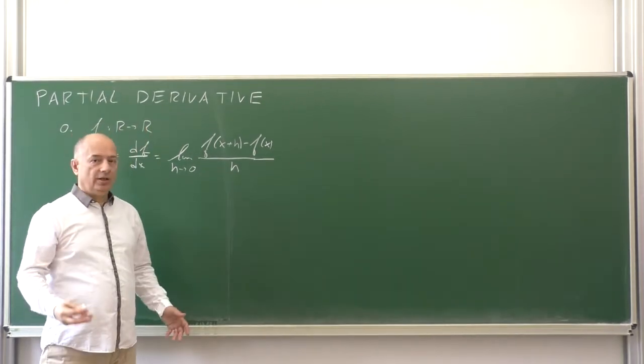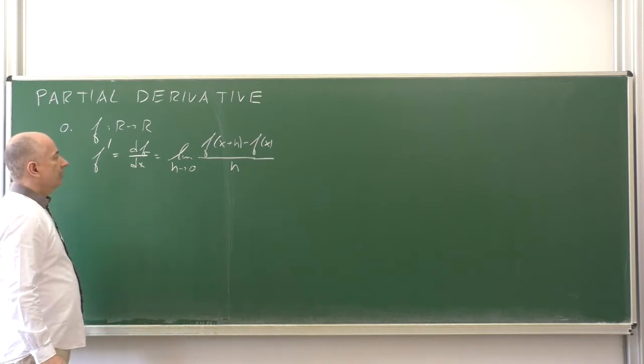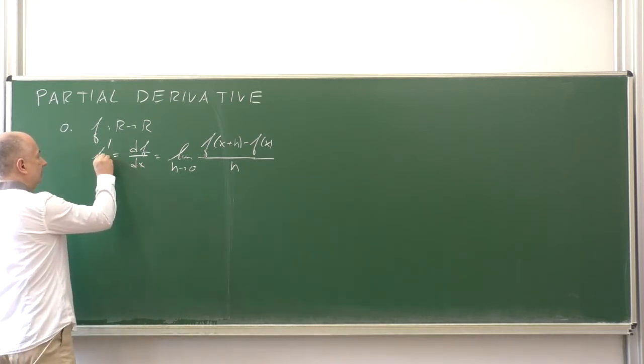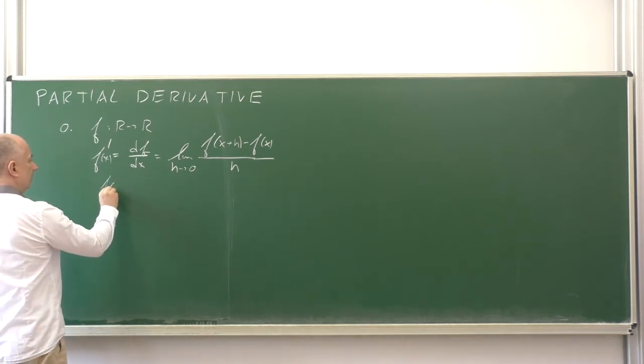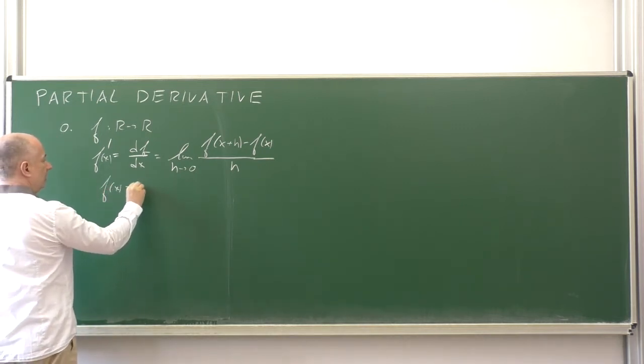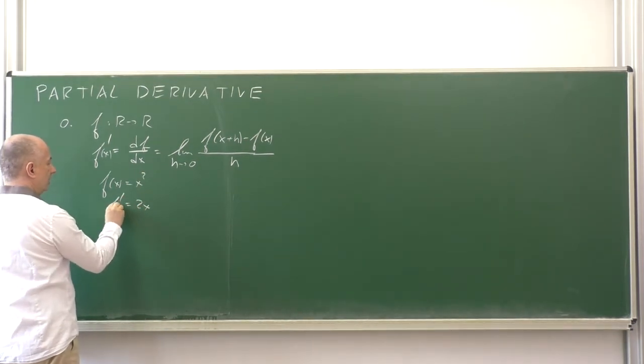If this limit exists, which is not always the case, then we call it the derivative at the point x. An example, if we have function f(x), say x squared, then the derivative is 2x at the point x.